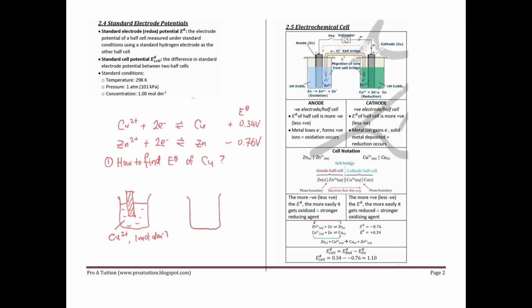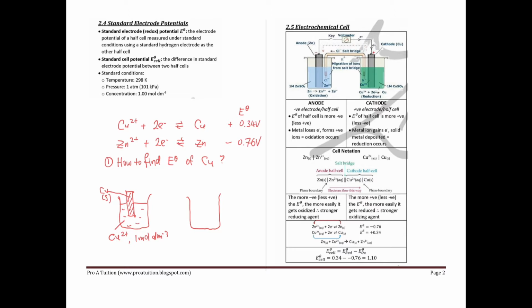Hydrogen is a gas, so for gas, how are we going to do the connection? It's slightly different from the copper over here. For copper, we just put the copper solid as the electrode and the Cu2+ as the aqueous.